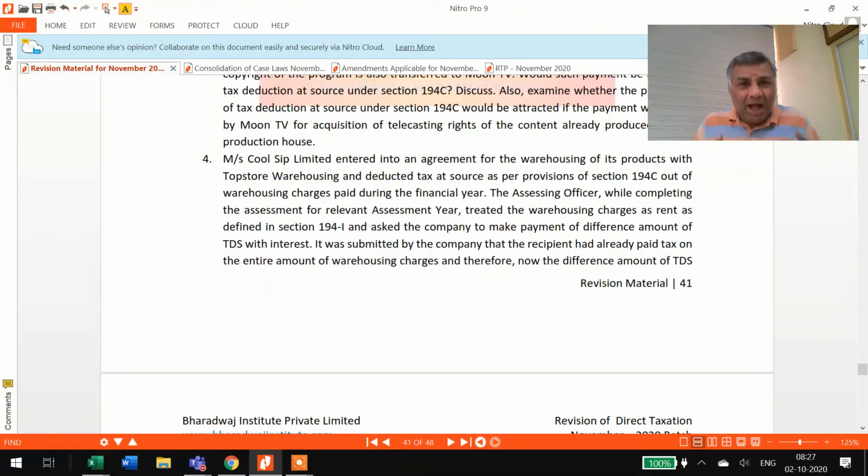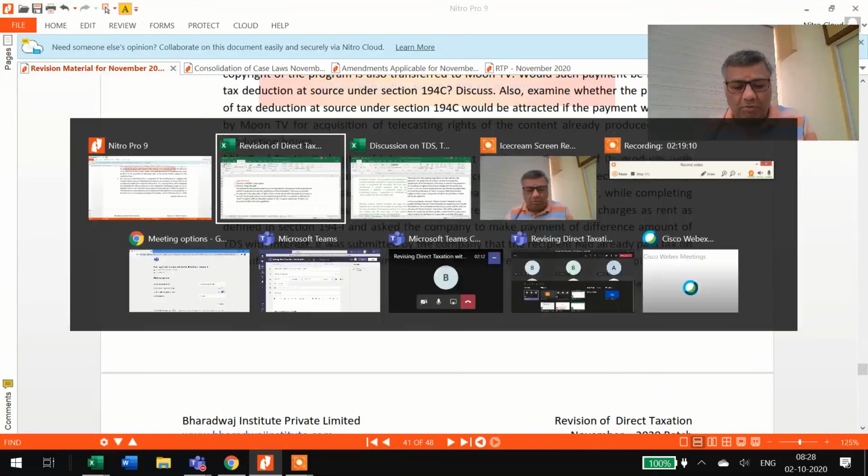However, the payer is liable to pay interest from the date I should have deducted till the date of filing of return by the receiver. Remember, from the date I should have deducted, 1%. Not deducted but not paid, so 1% is liable to be paid by me from the date of deduction.